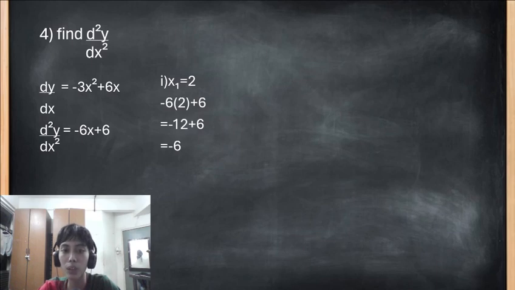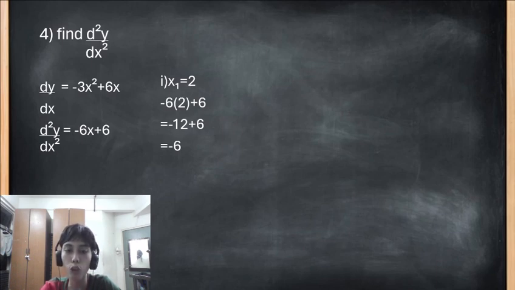Thus we use x1, which becomes negative 6 in brackets 2 plus 6. All we have to do is negative 6 times 2 plus 6, which gives negative 12 plus 6. And the final answer from the calculation will be negative 6.